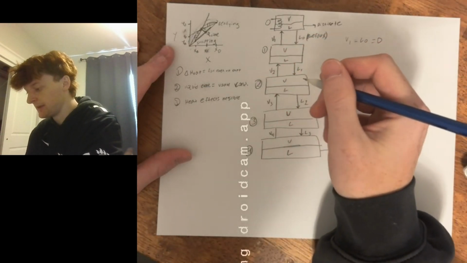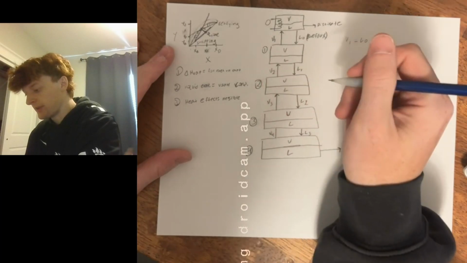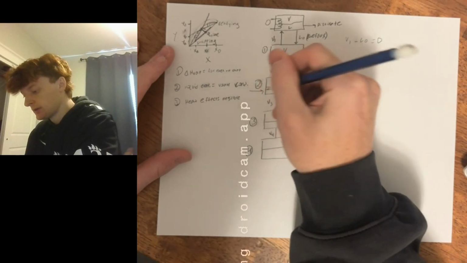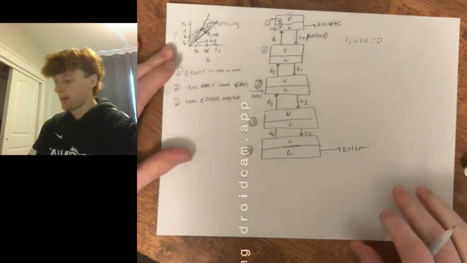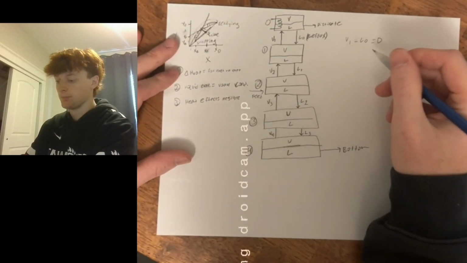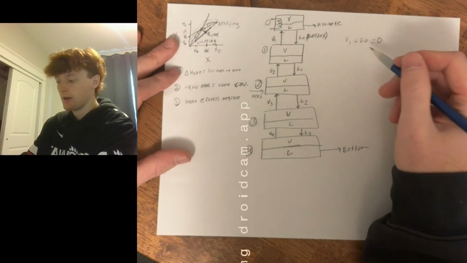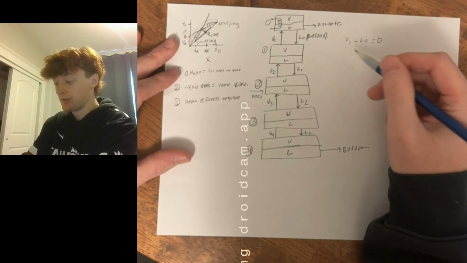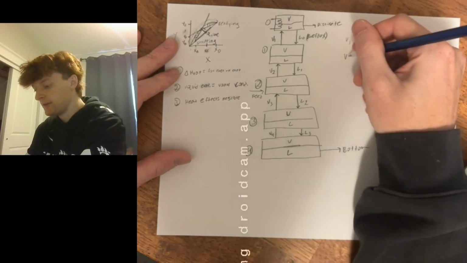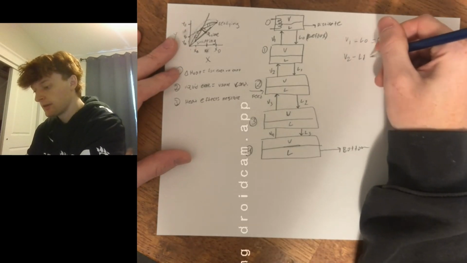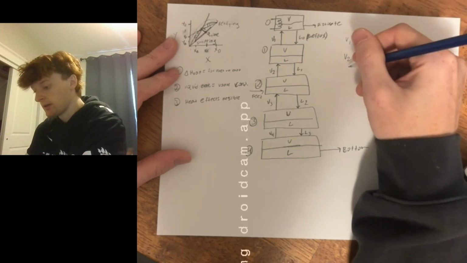So we'll put our feed at stage 2 right here, and we'll just have our feed going in here. But back to our rectifying line, V1 minus L0 equals D. So since we are in a steady state, that's going to be true for V2 minus L1 equals D as well.